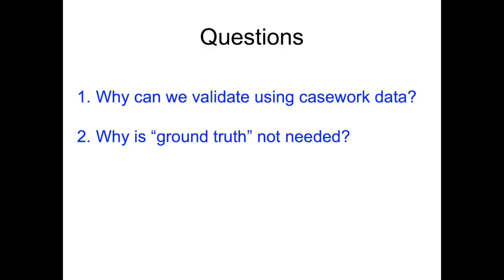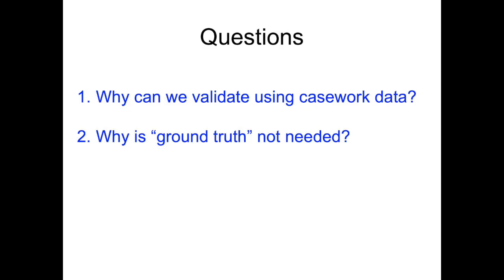So we're talking about validation, and people have made interesting comments about validating with casework data. But we published with Virginia DFS on this over 10 years ago, and it's simply not an issue. It was described in the paper and written up, and the reviewers were fine with it because it's science.